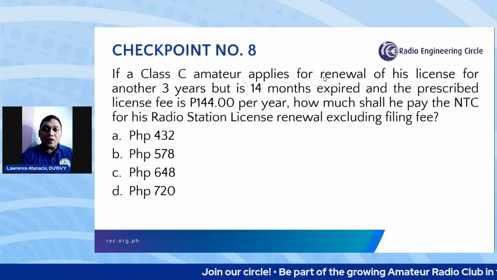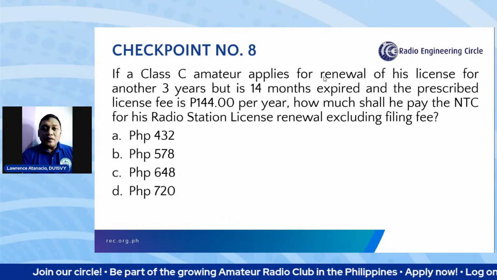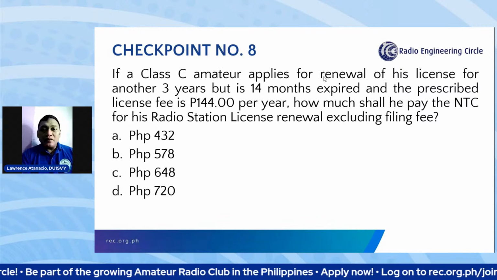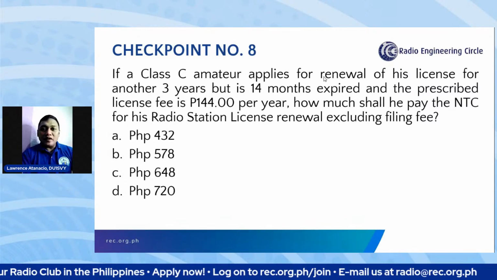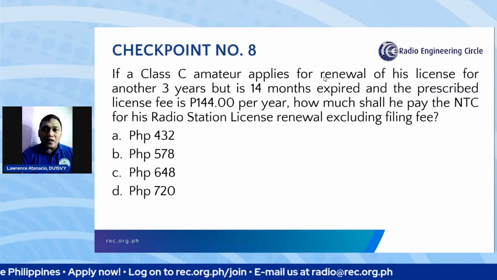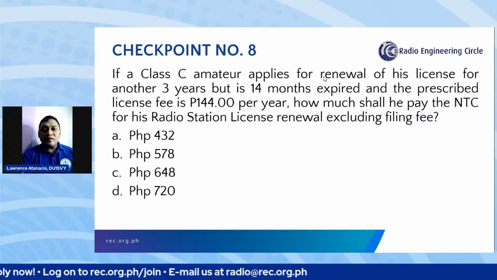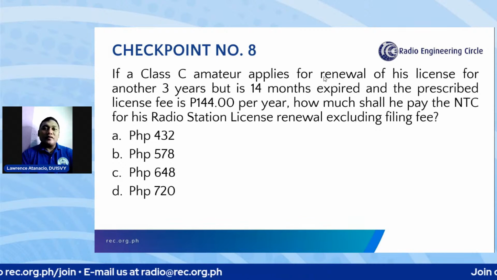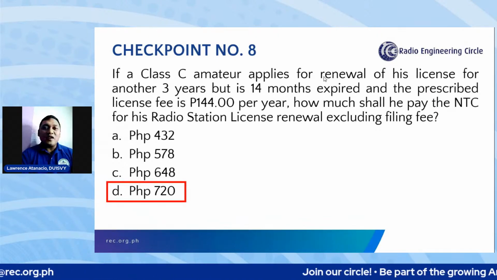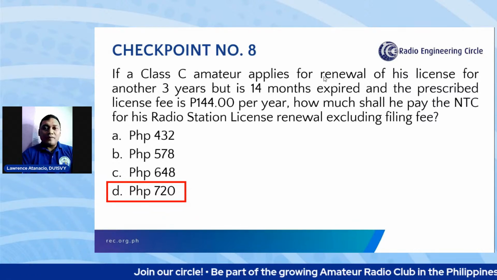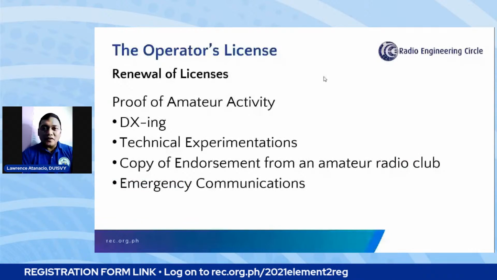So A, 422, B, 578, C, 658, or D, 720. Ano po ang tamang sagot? Ayan, 144 po per year ang Class C. Next, ano po ang tamang sagot? Ayan, 720. Okay. Next.